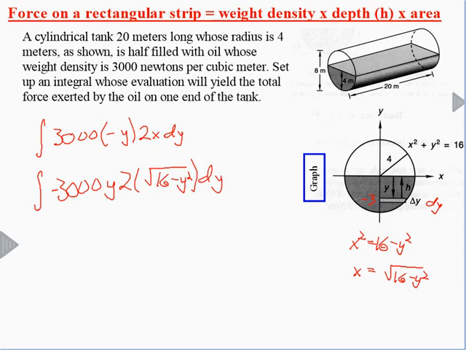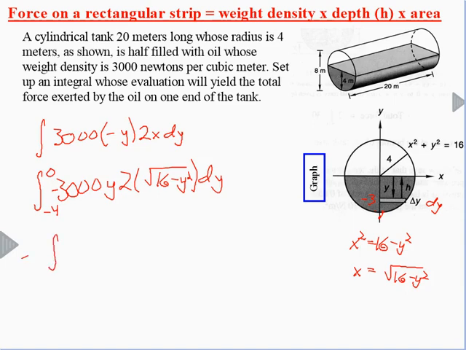And what are our values that go here on our integral? Well, we are integrating from our lowest point here, which is, since the radius was 4, that's going to be negative 4, all the way up to 0. So from negative 4 to 0. And that's the integral we want.